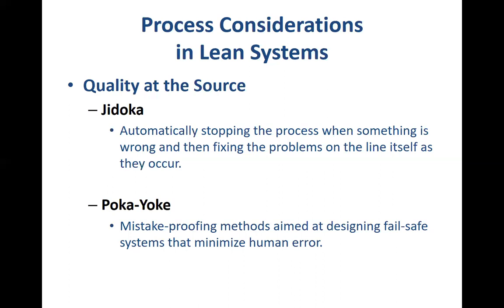The second technique which helps in quality at the source is poka-yoke, which is mistake-proofing methods aimed at designing fail-safe systems. So here, for example, if a company manufactures a product which has modular components, then a way to ensure there is poka-yoke within that system, which again is a Japanese term for mistake proofing, is to ensure that there is only one way in which these modules can be put together.